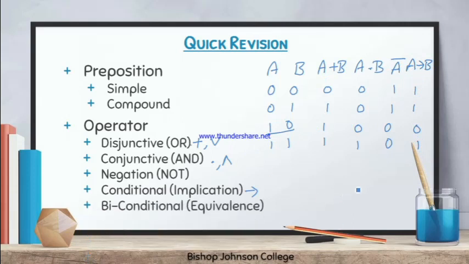It is also known as equivalence and is represented by the double-sided arrow. In A equivalence B, when the numbers are the same, like 0,0, it would be 1. When they are opposite, 0,1 or 1,0, it would be 0. And when they are the same, 1,1, the output would be 1.